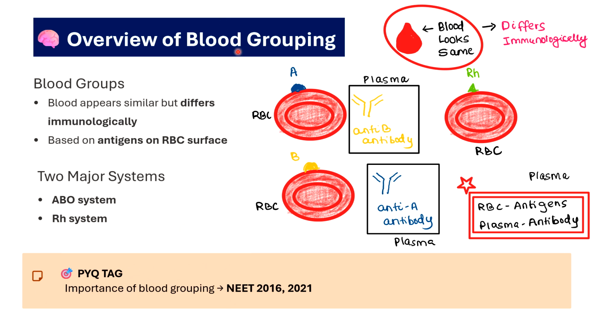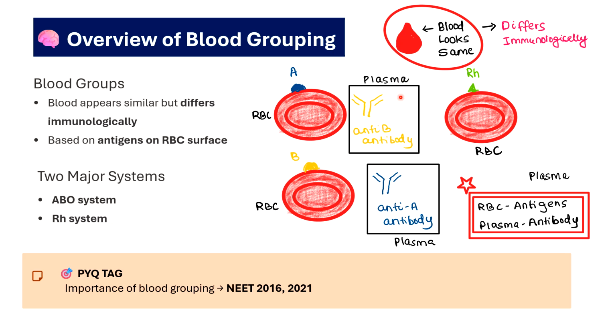So these different blood group types depend on the antigens present on the RBC surface and the antibodies present in the plasma. Now, there are two main types of blood group systems. ABO blood group, in which there is either antigen A or antigen B or none present on the surface of RBC.